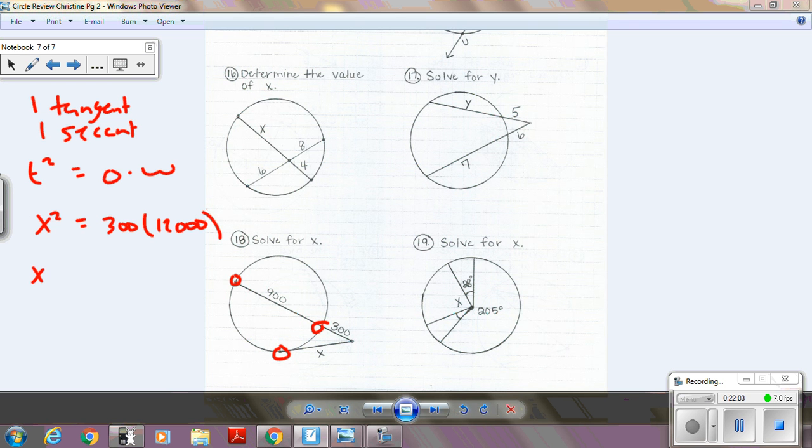So now x squared is equal to 300 times 12,000, which is 36 and 5 zeros. And now we must take the square root of both sides to get x by itself. And it's going to be 6, and I'm not 100% sure how many zeros, so let me double check.